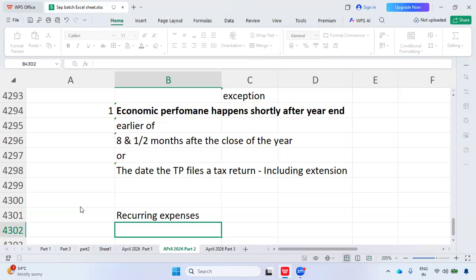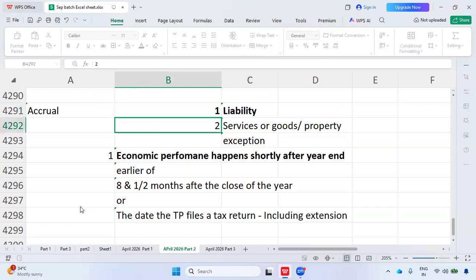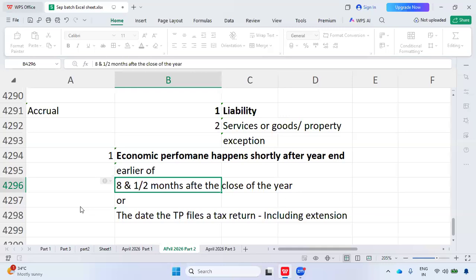Guys, getting this point? But the first condition should be met: the liability. We must be able to reasonably estimate the liability, and we can receive the services or goods later, within the earlier of 8.5 months after the close of the tax year or the taxpayer filing the tax return, whichever is earlier. Okay.